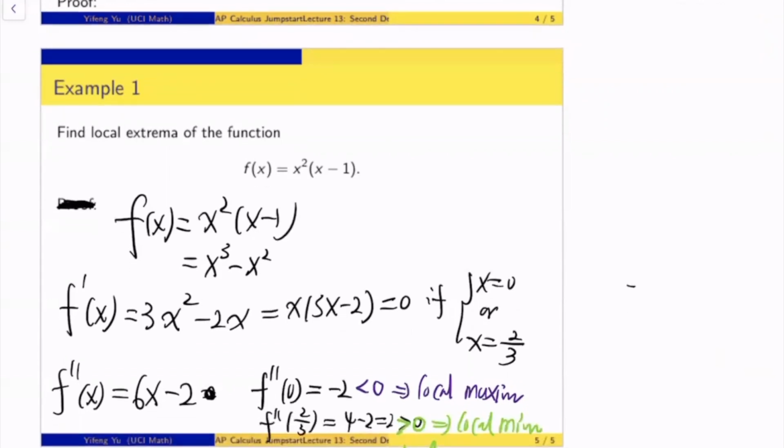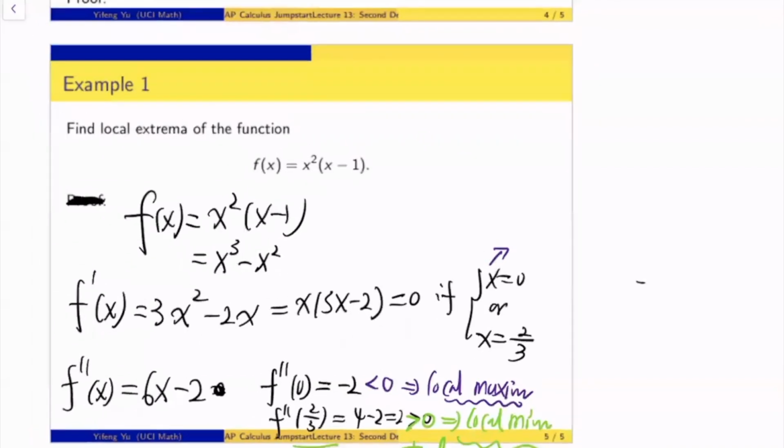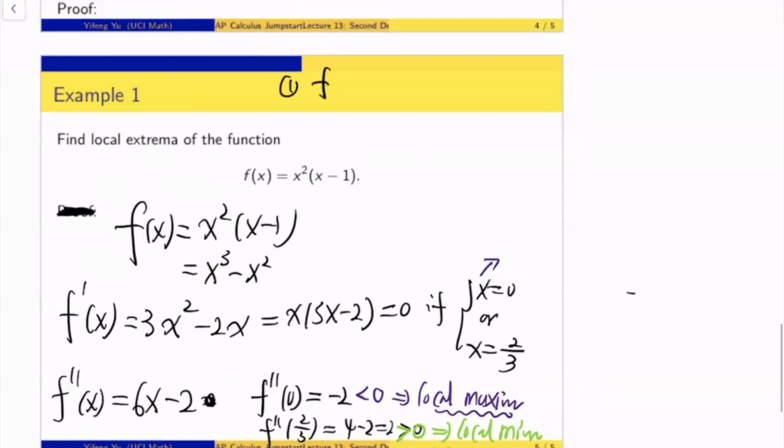Let's try to draw the picture. Here we found the local maximum and minimum: 0 is a local maximum, and 2/3 is a local minimum. Let's see more information. f(x) is bigger than 0 if x is bigger than 1, f(x) is less than 0 when x is less than 1, and f(x) equals 0 if x equals 0 or 1.